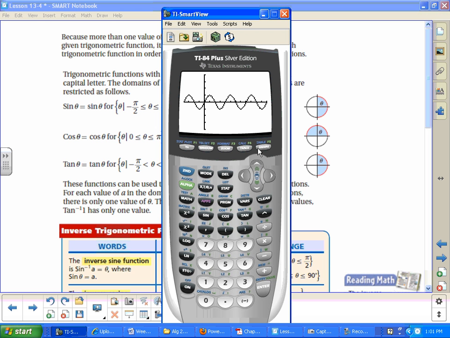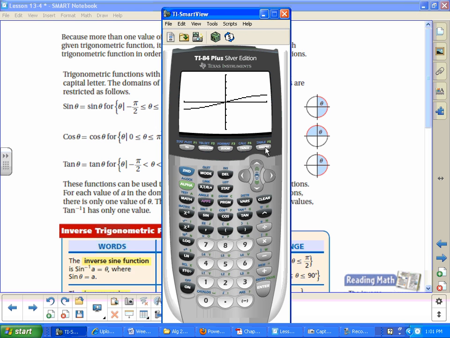But if I restrict it between negative pi over 2 and positive pi over 2, then I can take the inverse of that and I'll have a function. Because you'll notice, if I draw any horizontal lines, will they ever intersect in more than one place? They won't, right?